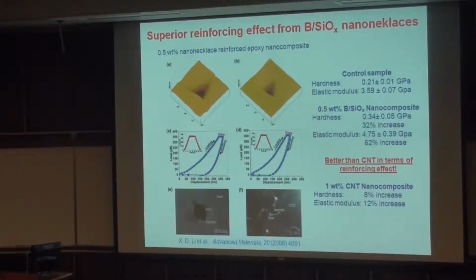That is 4 times better than carbon nanotubes because you used the interlocking mechanism. And stiffness, a 62% increase, is 4 times better than the 1 weight % carbon nanotubes.